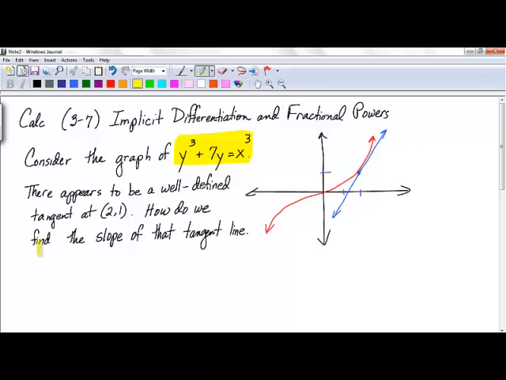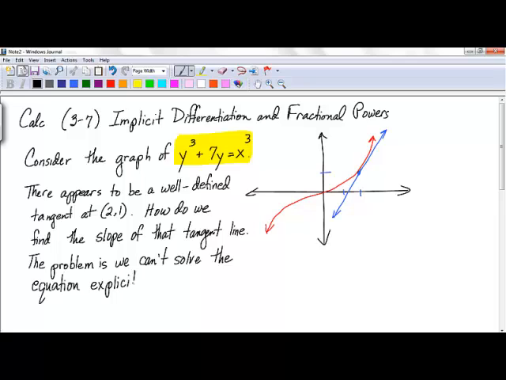Okay, so the problem is we can't solve the equation explicitly for y. That means we can't get y by itself in that equation.